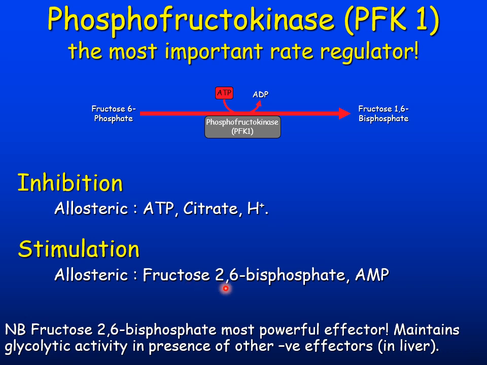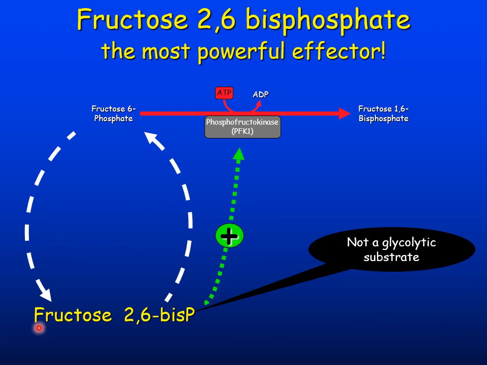If this stuff here is present, it'll swamp the effects of all of these other allosteric effectors. So when fructose 2,6-bisphosphate is produced, it has a massive stimulating effect on PFK1, or phosphofructokinase 1. And it's made from a glycolytic substrate, but don't be fooled, it itself is not a glycolytic substrate.